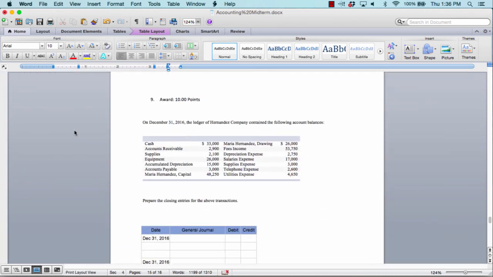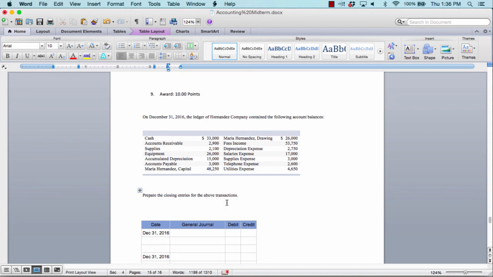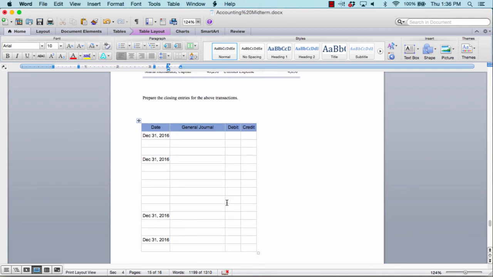For number 9, it's telling you on December 31st, the ledger of Hernandez Company contained the following account balances, and it's giving you the account balances here. Please prepare the closing entries for the above transactions. Okay? And in order to close the transactions, you know you have to follow 4 simple steps that are included in my lecture. And also in my PowerPoint, it tells you exactly how to do it. So I'll do the first one.